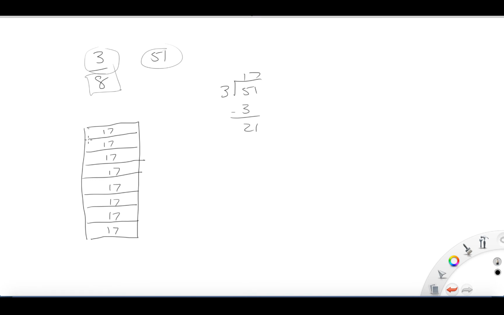So 3/8, 1, 2, 3/8, was 51 of them, and then we have 5/8, which means we're going to say 17 times 5 gives us the rest of them. And 17 times 5 is easily done by just a multiplication problem.